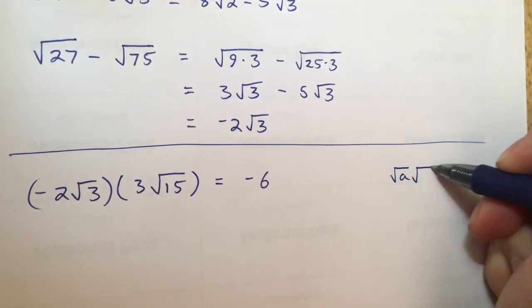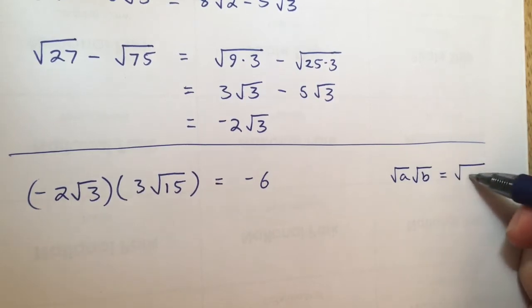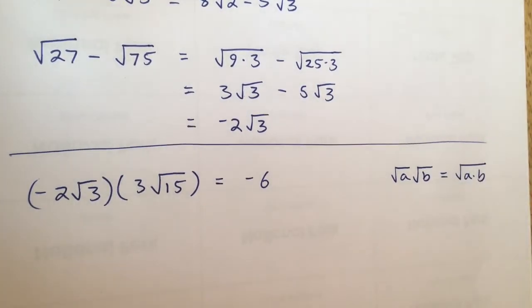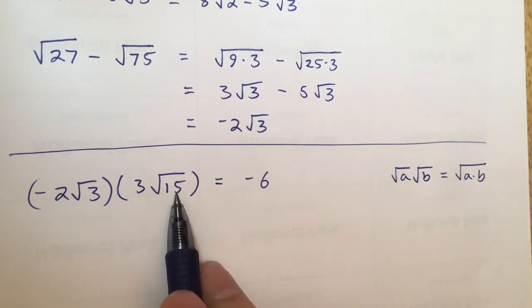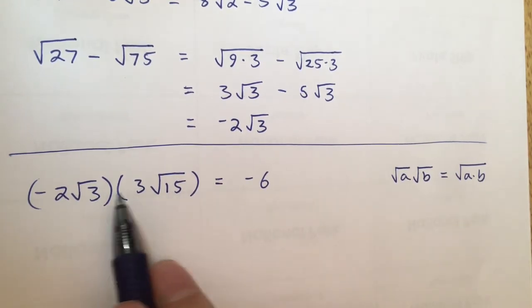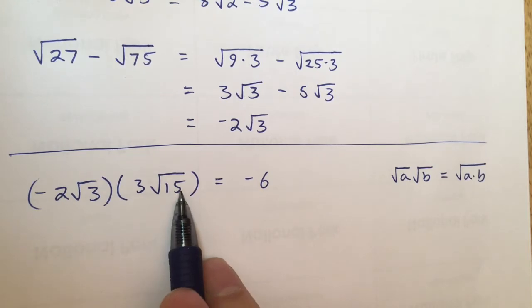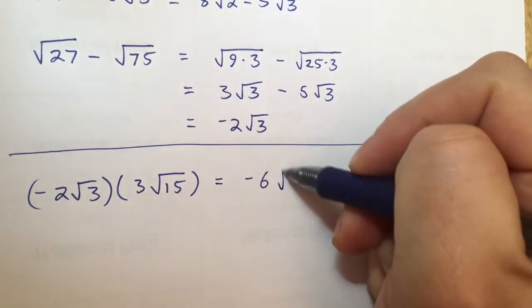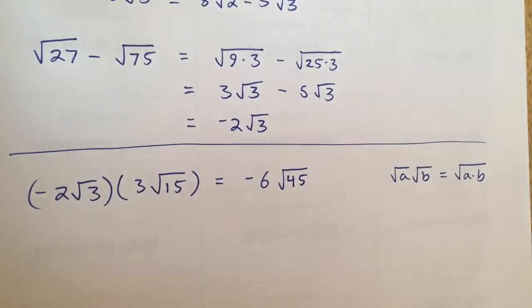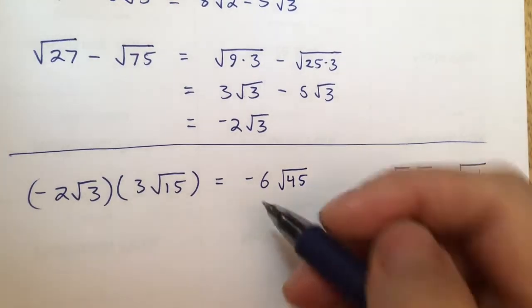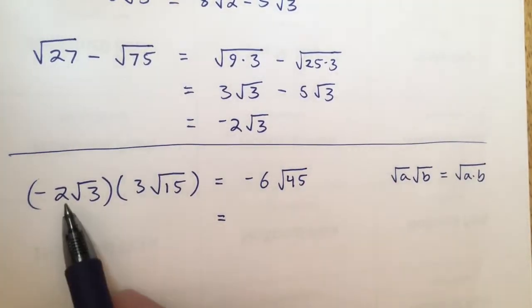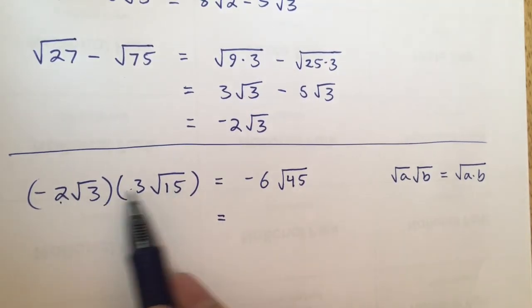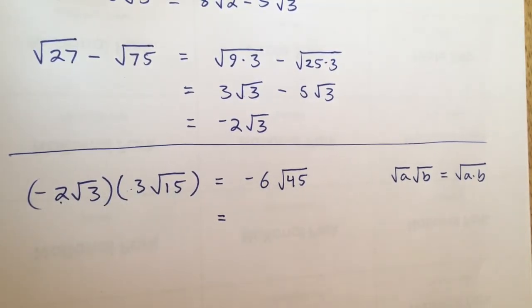Root A times root B is the same as root A times B. So we can use this rule. Root 3 times root 15 is the same thing as the square root of 3 times 15. 3 times 15 is 45. No need to worry about like terms here. Just multiply them together. But keep the non-radical parts and the radical parts separate, right?